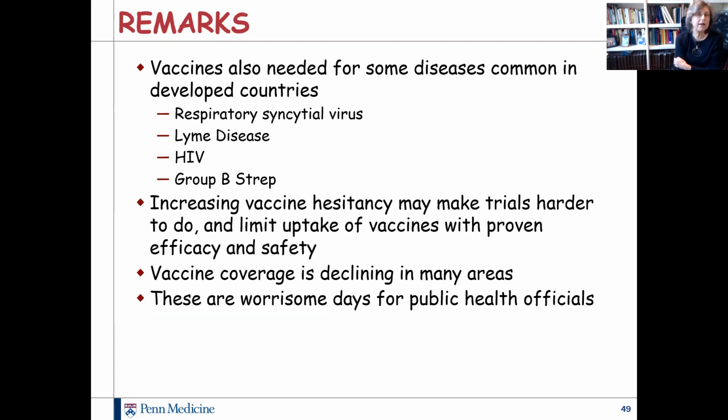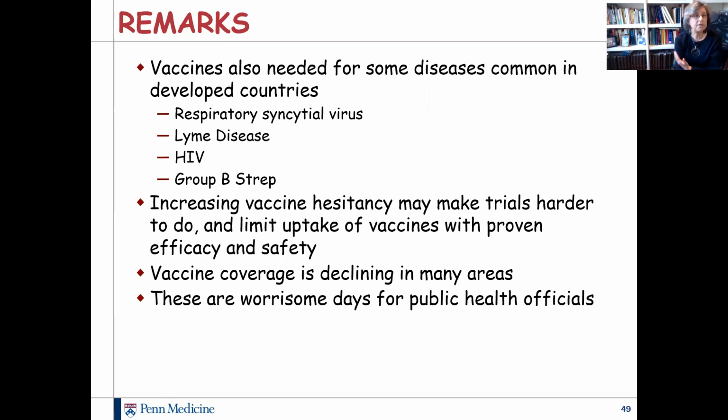Certainly, we still need vaccines for some diseases common in developed countries. RSV, as I mentioned, Lyme disease. We had a Lyme disease vaccine. The manufacturer took it off the market because people believed, without much good basis, we at the FDA thought, that it was causing problems.